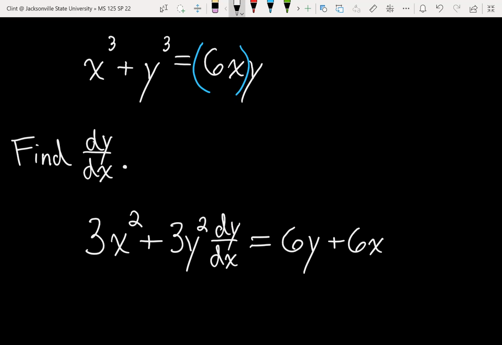Let me back up and write down exactly what we're doing. So we got that times y plus 6x times derivative of y is 1, but then we have to use chain rule, so we'll have dy dx.